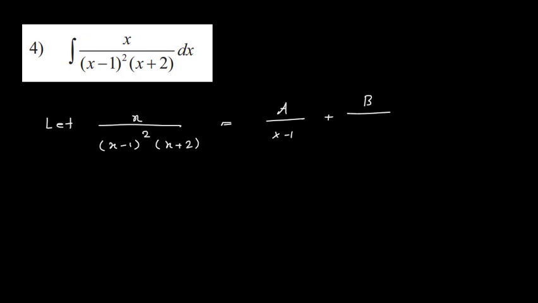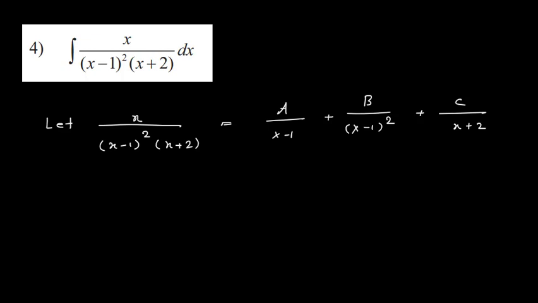Now let us discuss this problem number 4. Okay, denominator the degree is 3, numerator the degree is 1. So partial fraction you can apply. So here you will say let x divided by (x minus 1) the whole square into (x plus 2) equals a divided by x minus 1 plus b divided by (x minus 1) the whole square plus c divided by x plus 2.